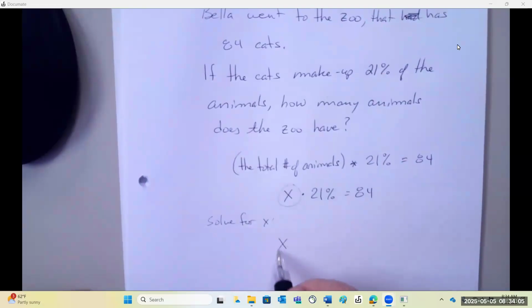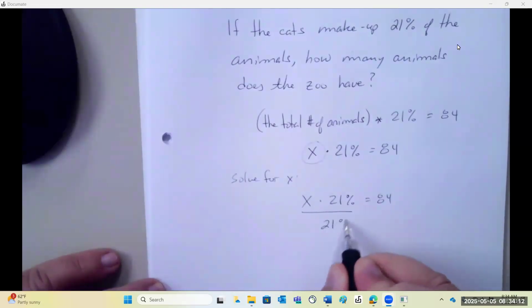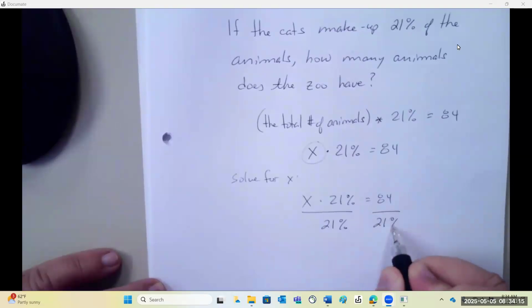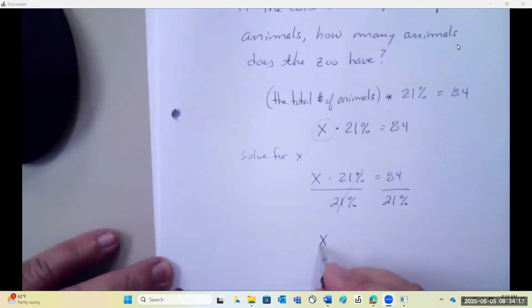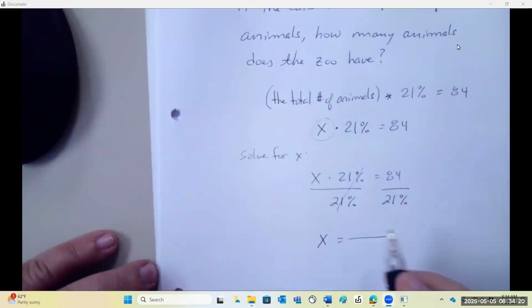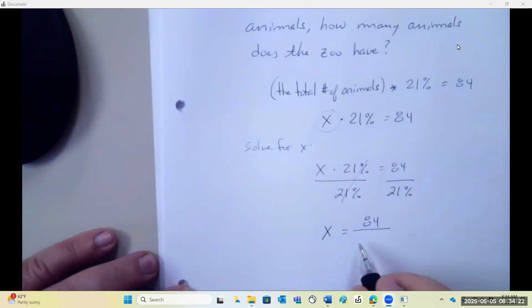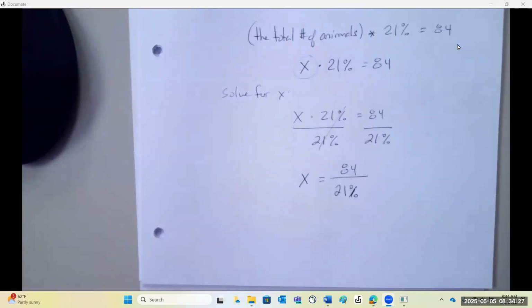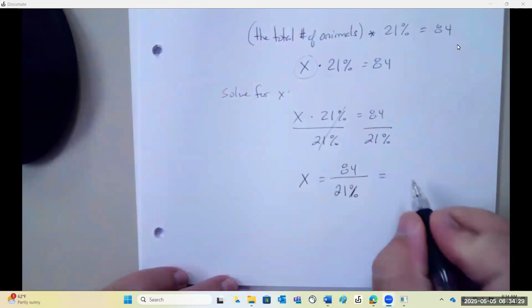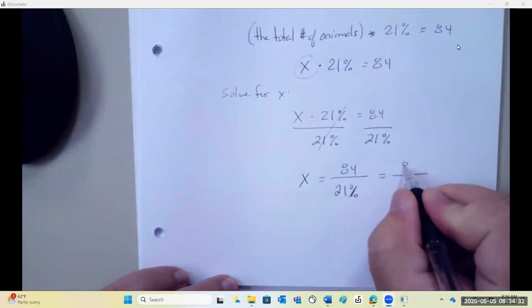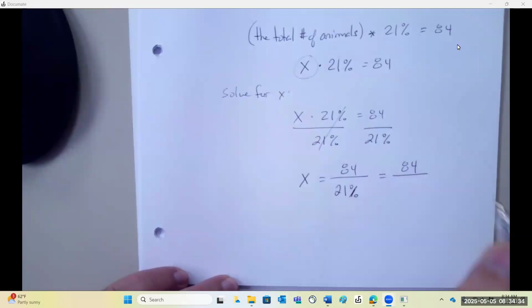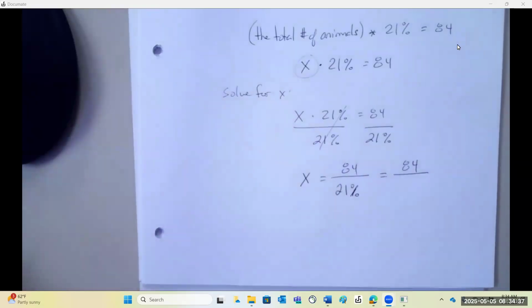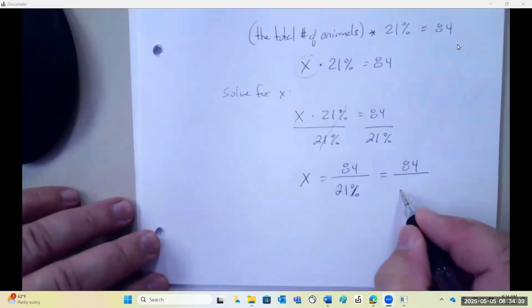Right. So divide both sides by 21%. But we can't divide by a percent, so we have to convert that into a decimal, which would be 0.21.